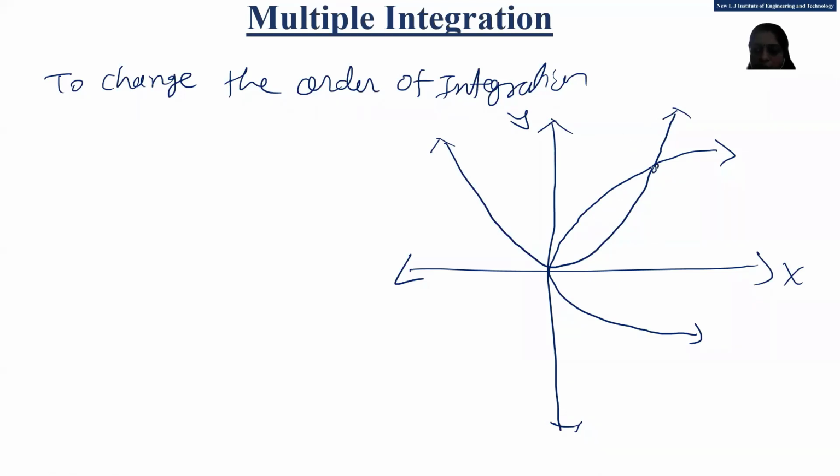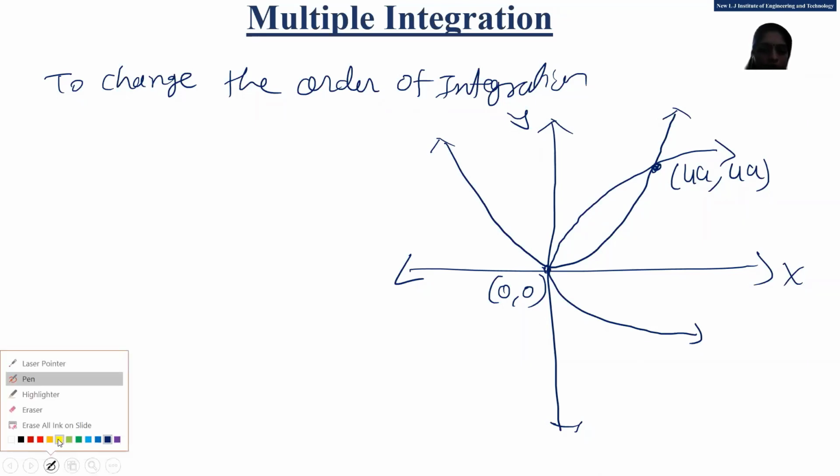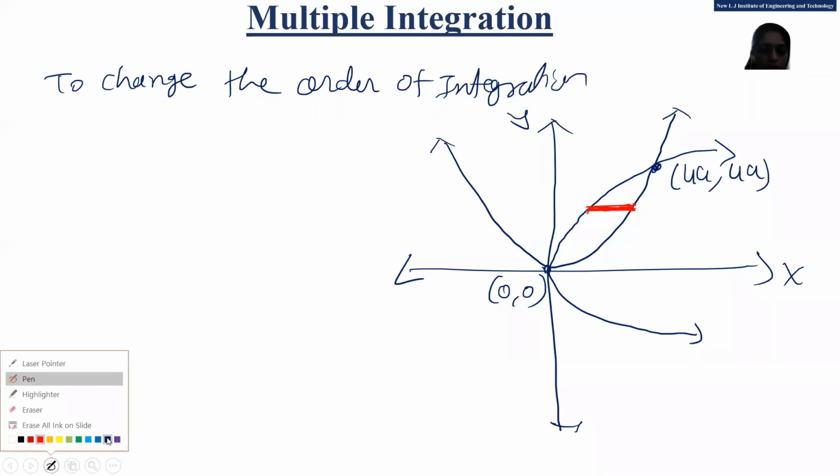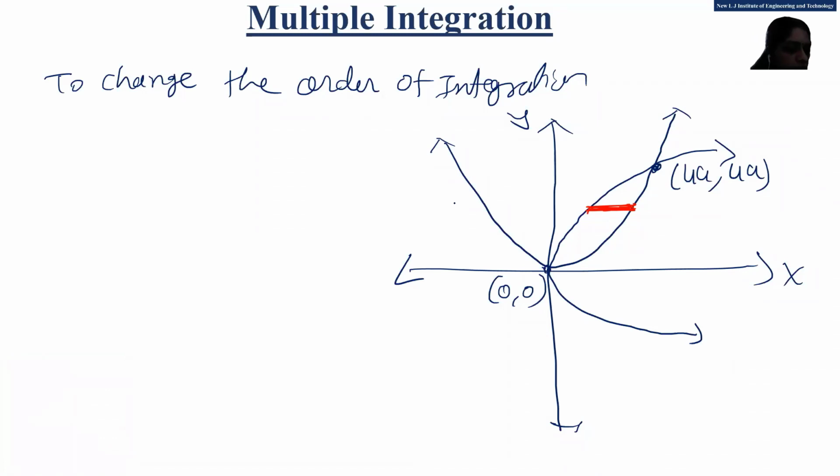This is our point of intersection, 0, 0, and this one is 4a, 4a, because x is 4a and y is also 4a, as we found earlier. So if I take a horizontal strip, now tell me, what is my lower limit and what is my upper limit of x?